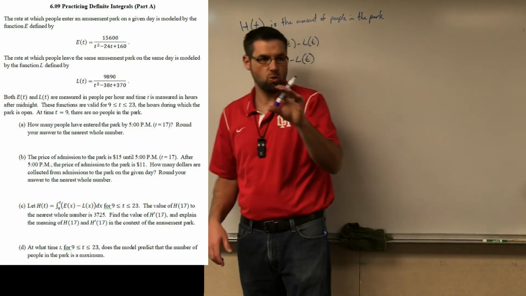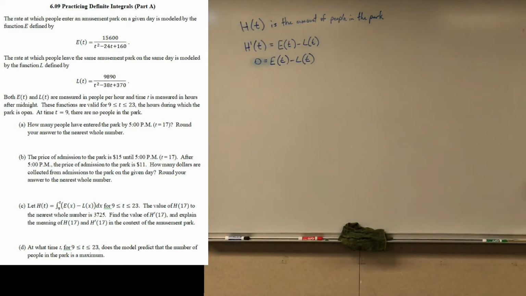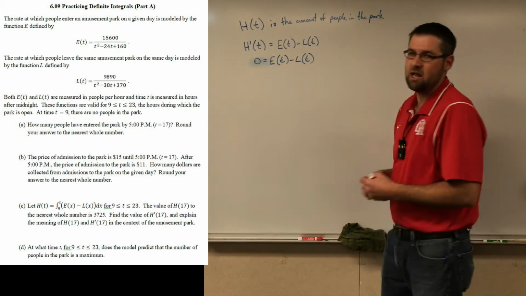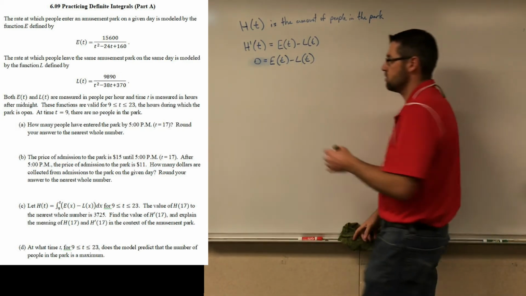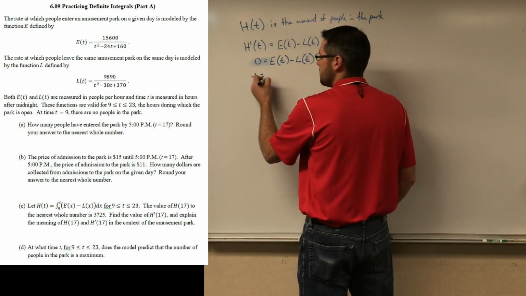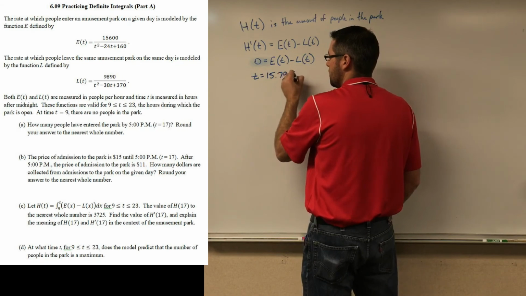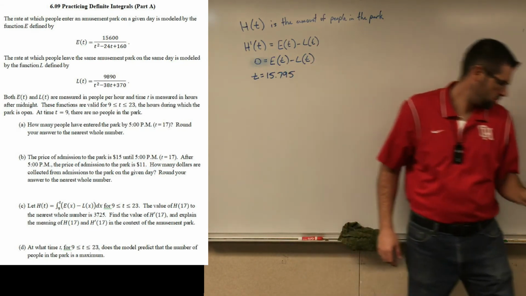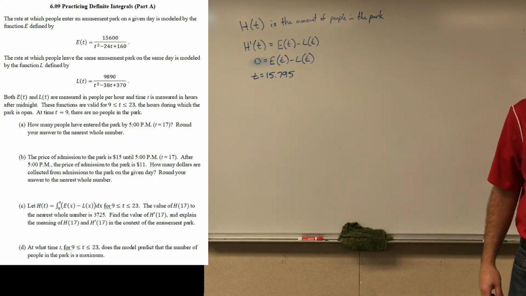So I would do another equation in your Y list where you say E of t minus L of t and then find its zeros. Do that for me real fast. When does E of t minus L of t equal 0? When t equals what? Okay, but the 46 is way out of the domain, right?